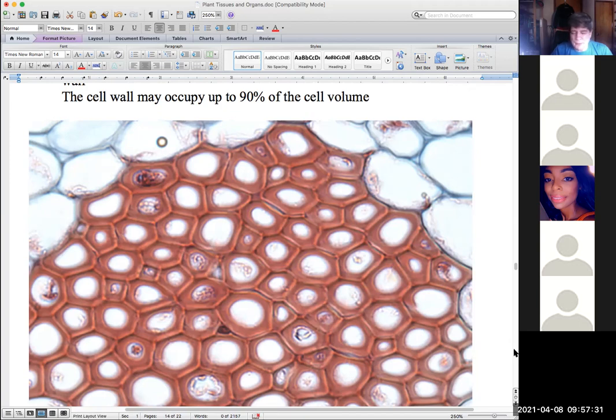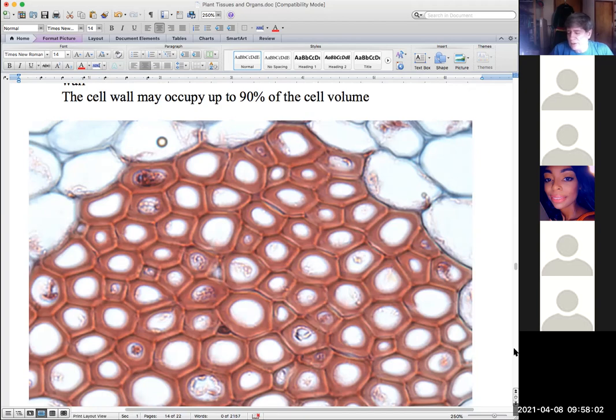And whenever we have thick cell walls, we always want to think of support, holding the plant up, whether it's collenchyma cells holding a leaf up so that the leaf doesn't droop, so that it's flat and collects more sunlight, or a stem, or even in some cases roots, because even though we said roots are below ground, there are a few plants that have roots that extend above the ground.